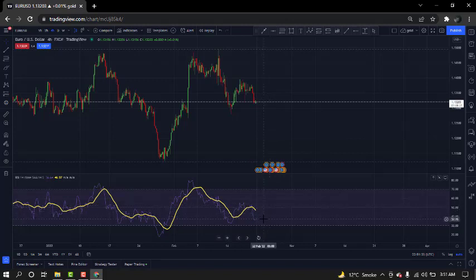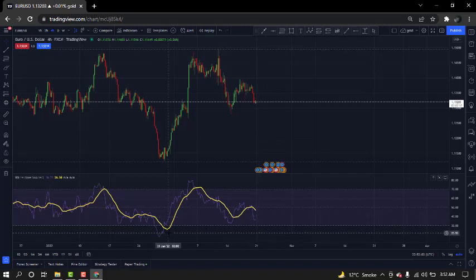If everyone is selling too much, that condition is oversold. And if everyone is buying too much, it's overbought. Like I said, everyone selling is oversold, everyone buying is overbought.